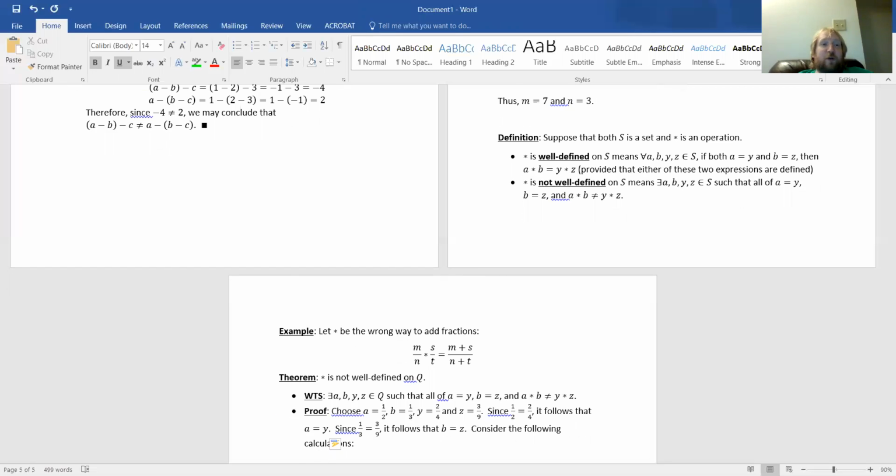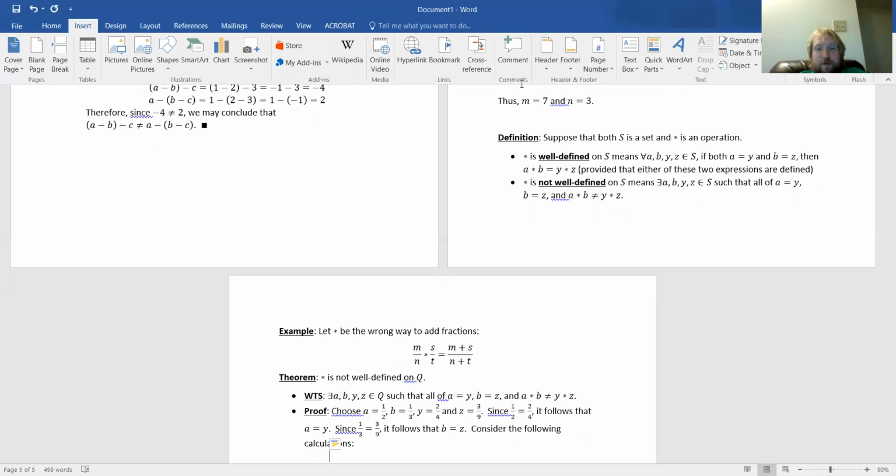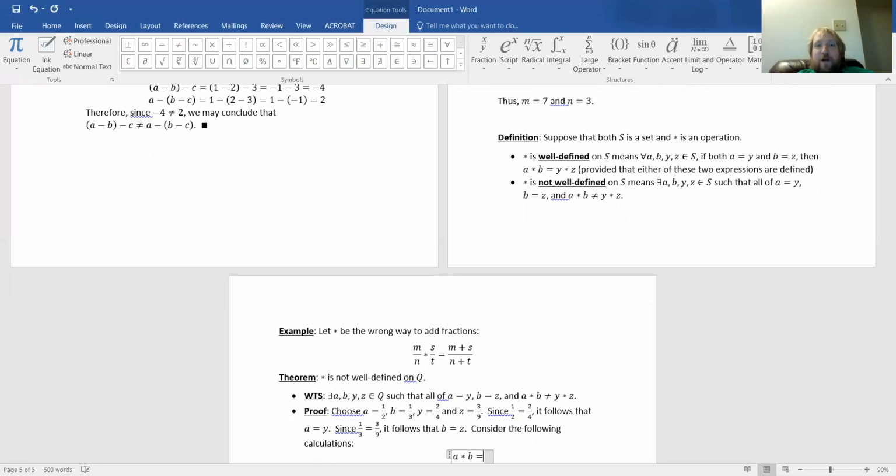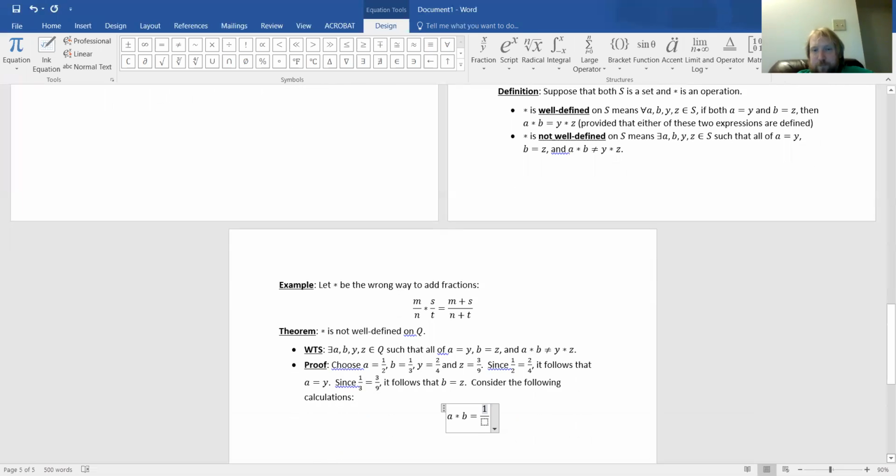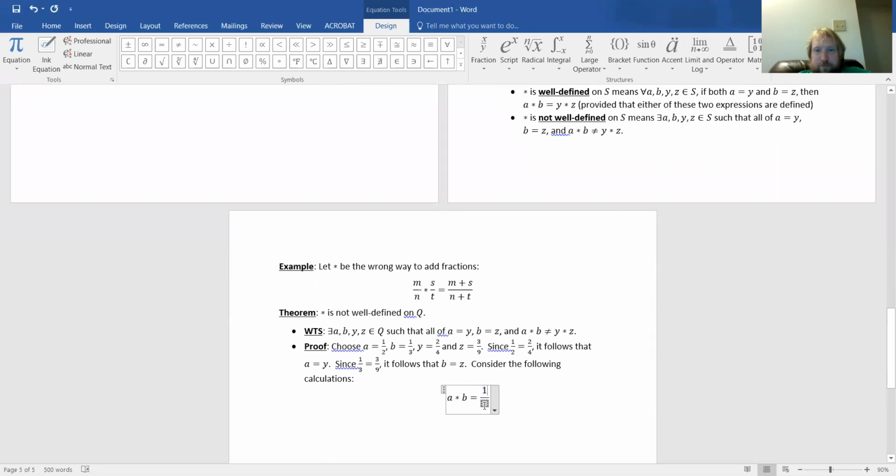Now, A star B here is going to be 1/2 star 1/3. Remember, the way we defined this operation is to add the tops and add the bottoms. So 1 plus 1 over 2 plus 3, or 2/5.